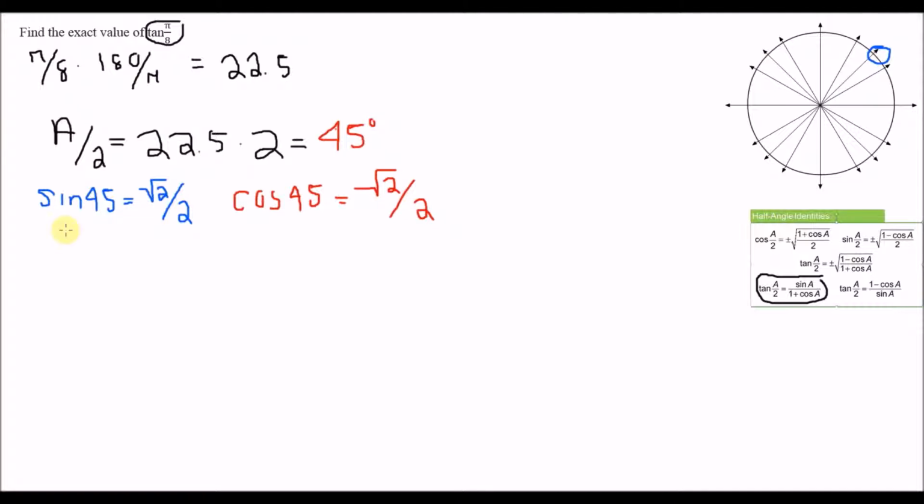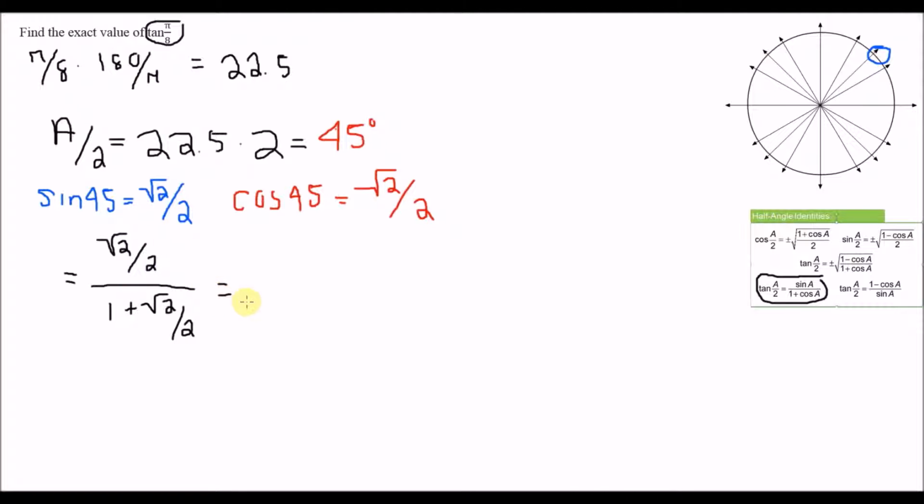So we're going to just write out our equation and fill in those numbers. So square root of 2 over 1 plus square root of 2 over 2. Now, that looks like a disgusting mess, and it is, but we're going to try to compact it all.